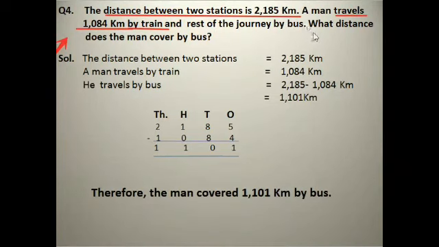What distance does the man cover by bus? So here we will find the distance covered by bus.